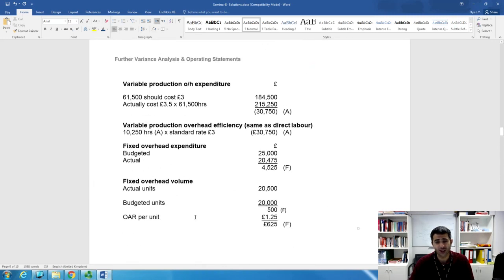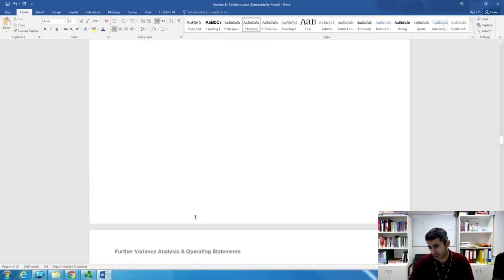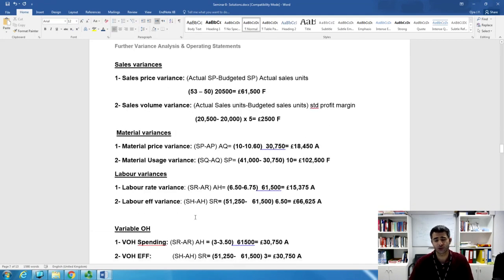That's all, guys. The only thing you quickly need to understand is, if the question asks you to calculate or prepare the operating statement using variable costing or marginal costing. Remember, if the question doesn't tell you which method you are using, always go with the operating statement with absorption costing.